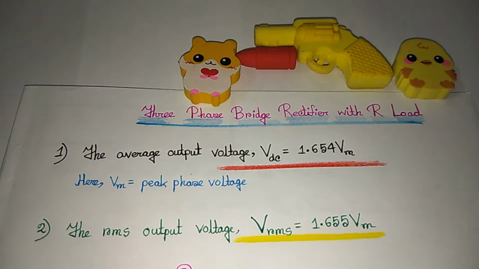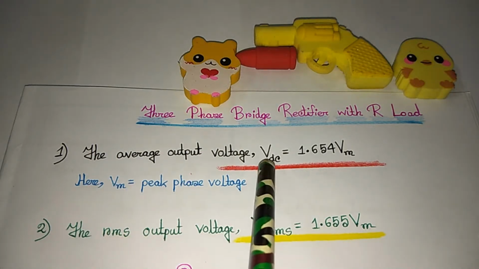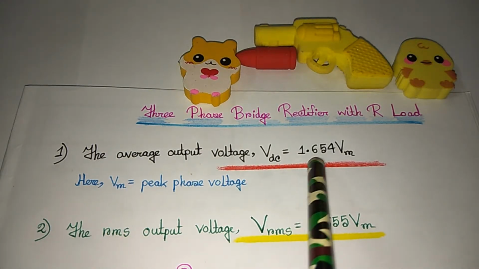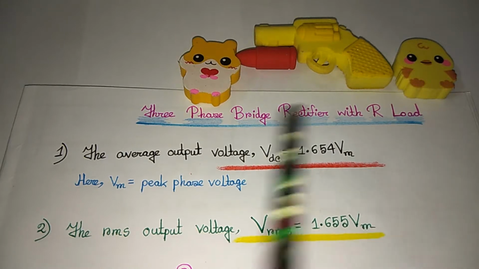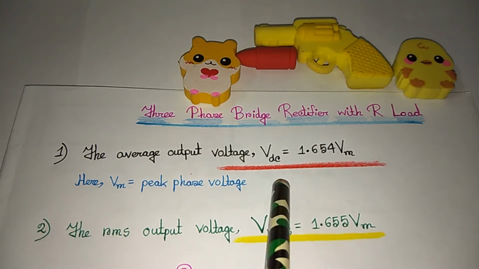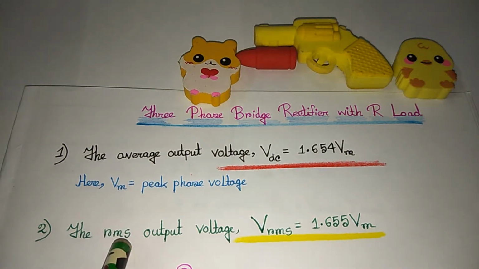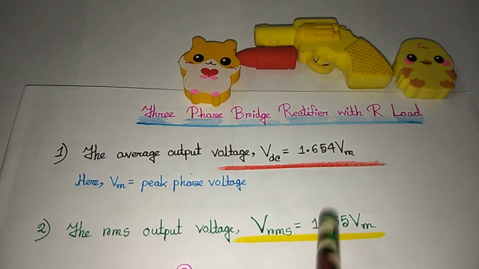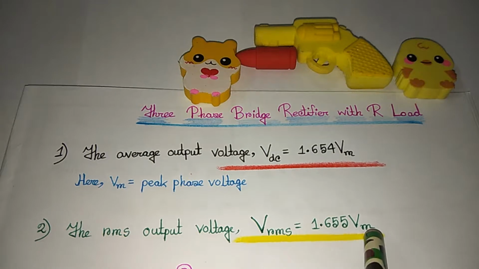In a purely resistive circuit, all circuit power is dissipated by the resistors, and the most important thing is that voltage and current are in phase with each other. That means if we write the voltage equation VDC equals 1.654 Vm, then we can write IDC equals VDC divided by R. And from this equation, VRMS equals 1.655 Vm.